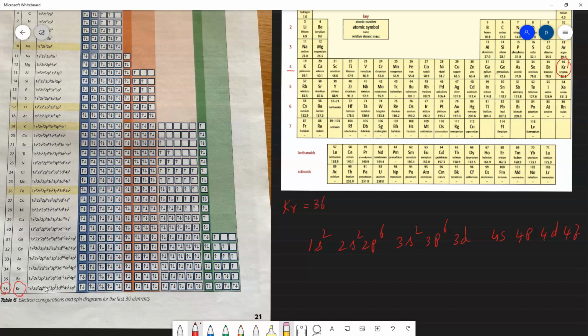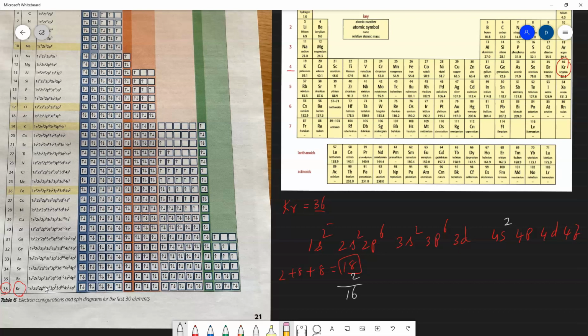How many do you have? 2 plus 8 plus 8, so totally 18 have been distributed. Now you got 18 more. 2 will go here because it's the 4s shell. If you take 2, you got 16 more.